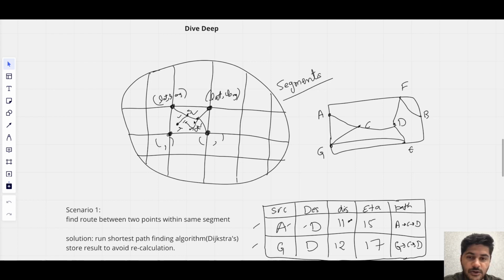That from A to D you have 11 kilometers, and the ETA right now is 15. You will store that ETA, whatever the ETA is for you. Right now you may not have any traffic information, right?